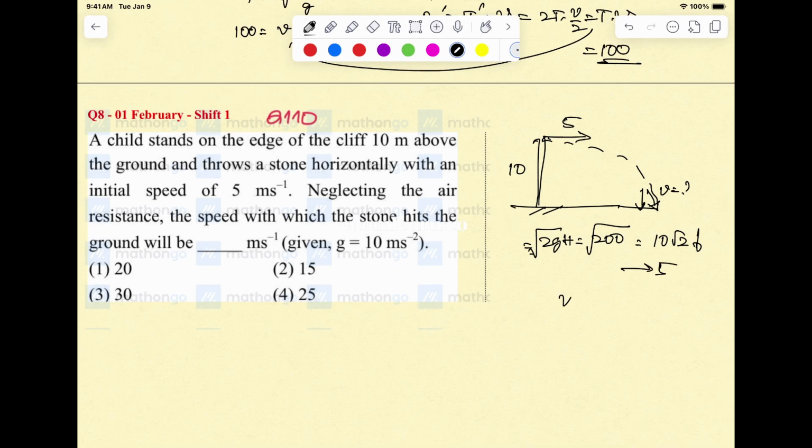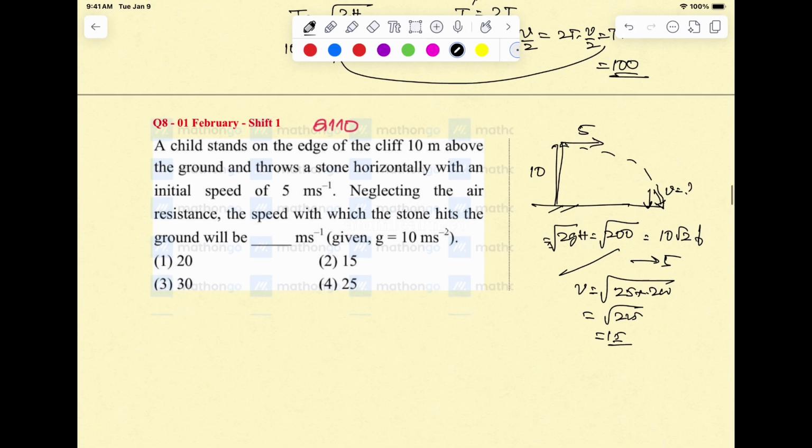Therefore, V is equal to square root of 5 squared, 25, plus 200, 225, which is nothing but 15. This can also be remembered as a formula: when it reaches the ground, the speed is the square root of initial velocity u squared plus 2gh.